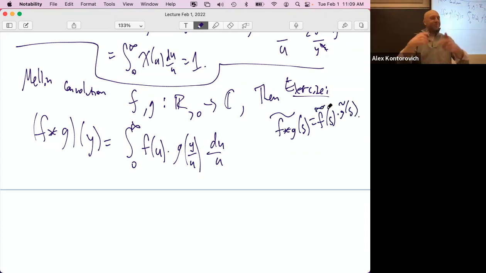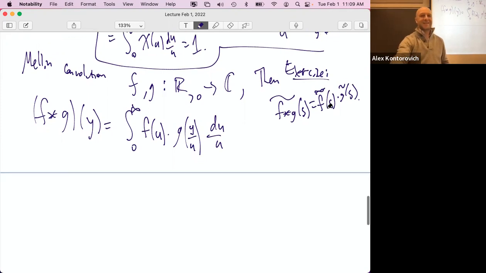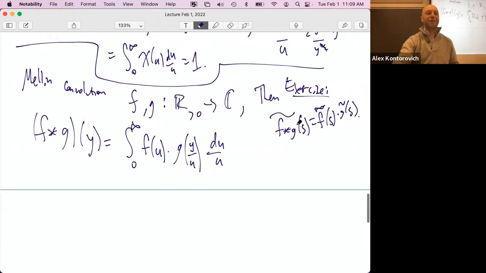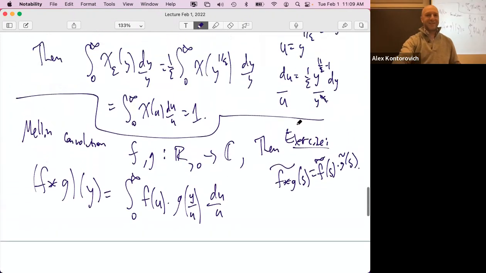This is nothing but Fourier, just a different group with a different Haar measure, but the convolution properties transfer as long as you have suitable groups. It's a property of a group action, of integration against Haar measure. It means that we've done everything right, that everything is coming out like this.